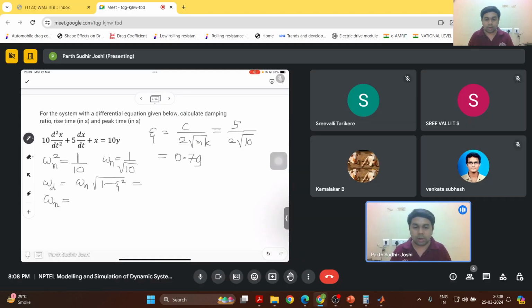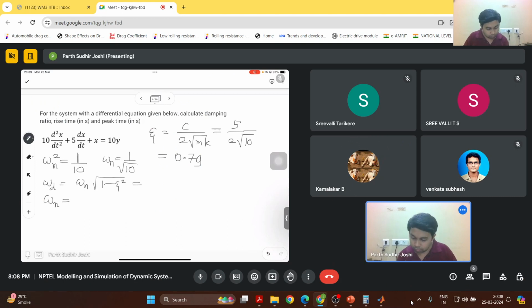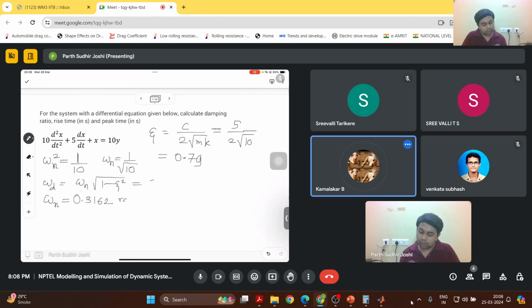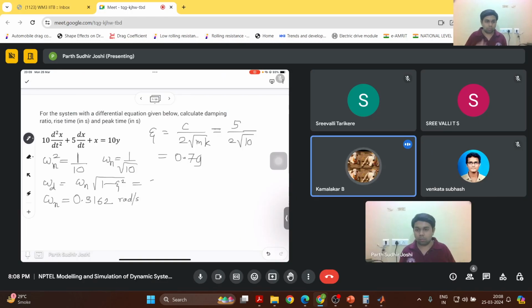Yes, so omega n is 0.3162 radians per second, and omega d is equal to omega n times the square root of 1 minus zeta squared.